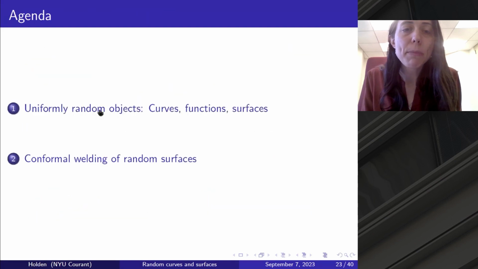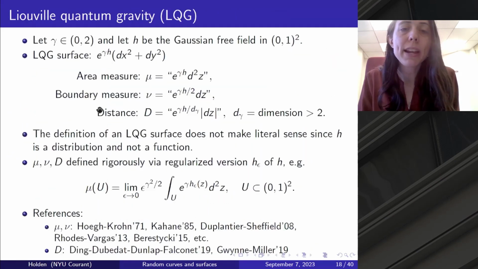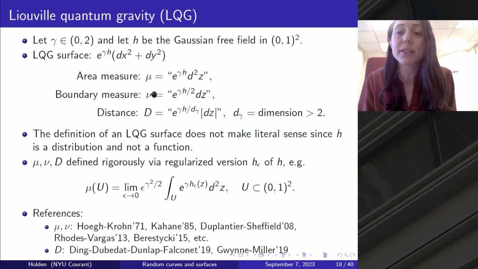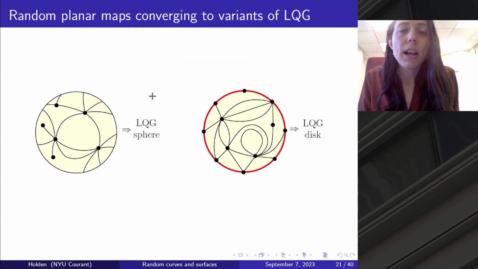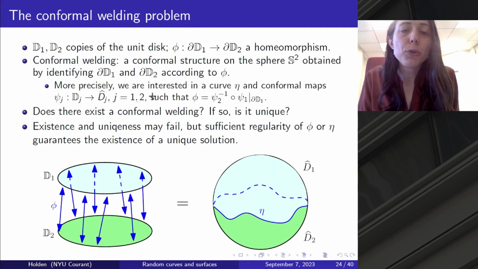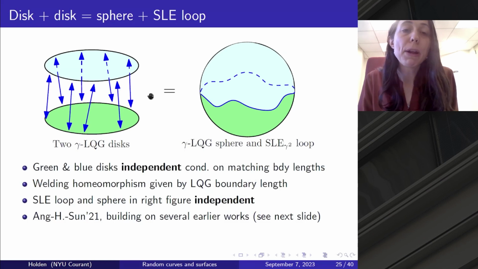Remember that if we have some LQG surface with a boundary, then it has some boundary measure nu, which allows us to measure distances along the boundary. And we want to do the welding according to this boundary measure, such that if we have some small boundary segment of length epsilon here, then it should be identified with some small boundary segment of length epsilon on the other disk.